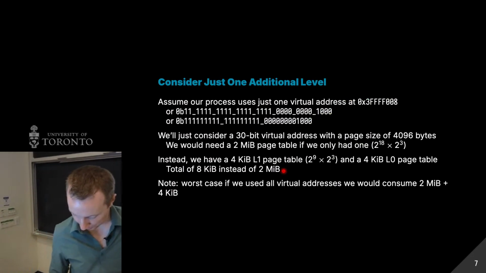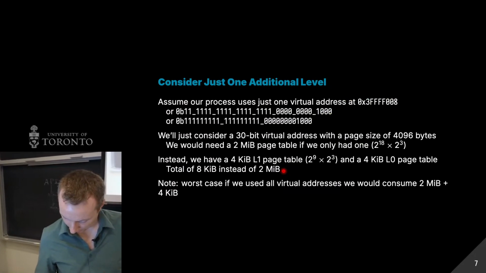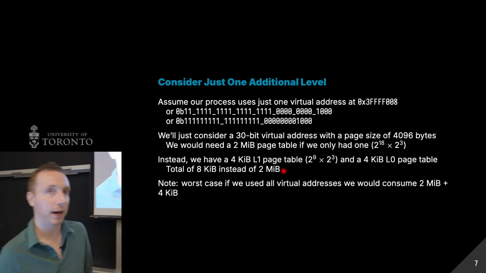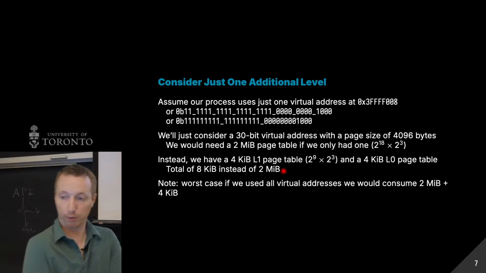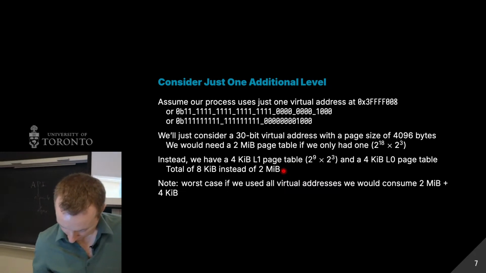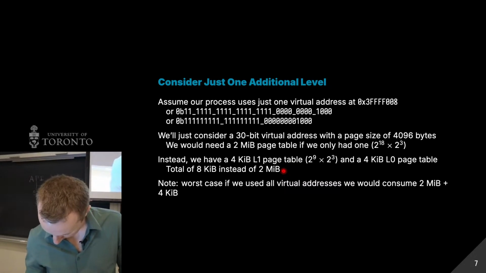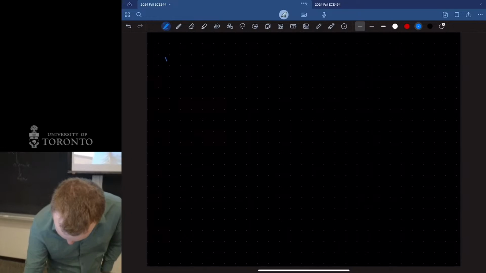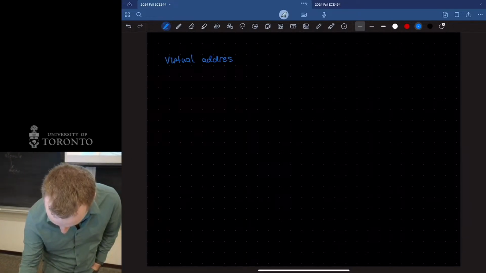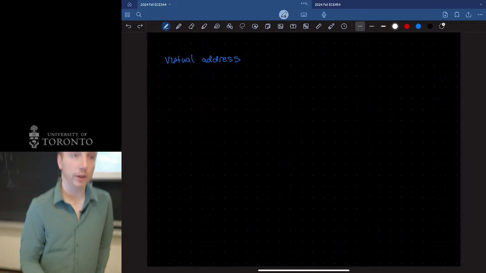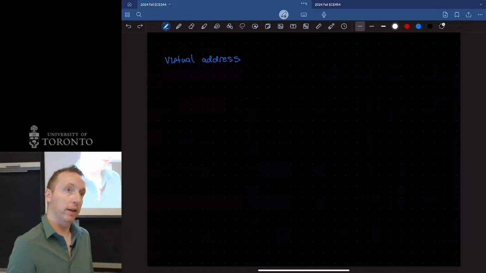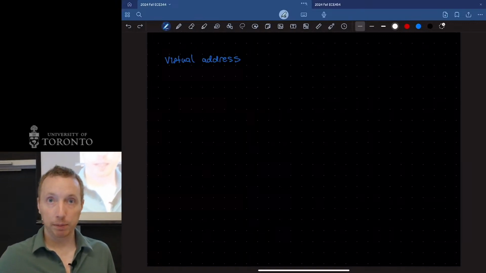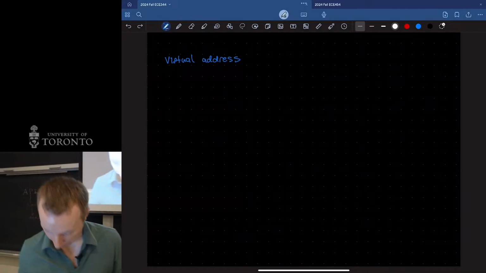So let's do a question of how we would actually translate an address with just one level. So we are going to make a much smaller virtual address. How it's going to be split is we're only going to have 2 levels of page tables, still the same scheme where each level fits on a page.